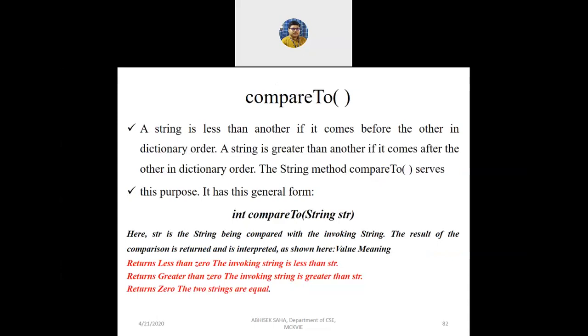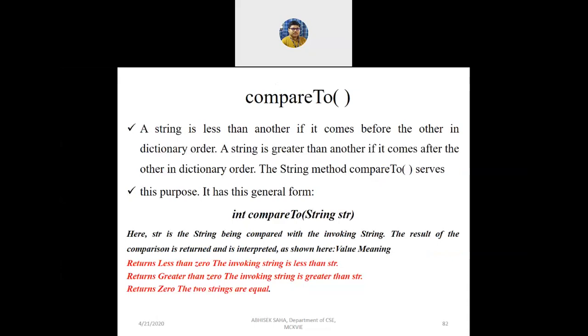The very natural question. Comparing two integers, yes, one is greater than, one is lesser than, or the two integers are equal, that we can say. But when we are comparing two strings, what is the meaning of this? Is there any less than, greater than relation? Yes, there is. What is the meaning of this relation?